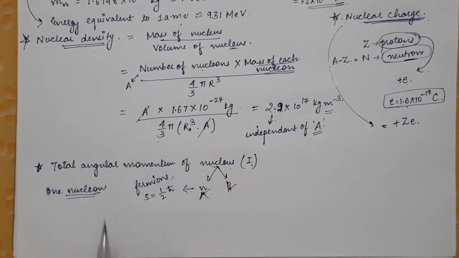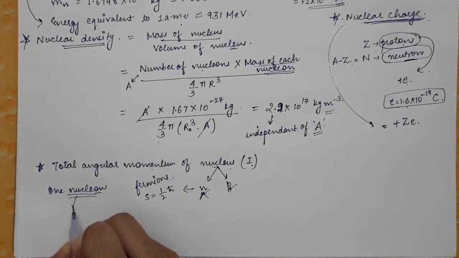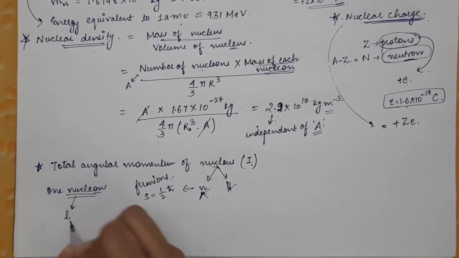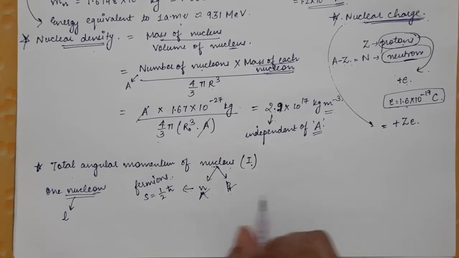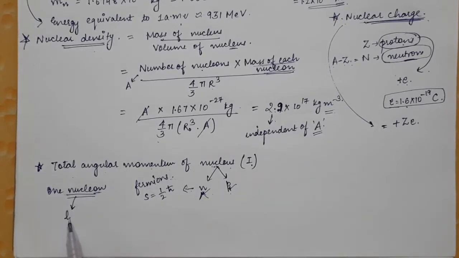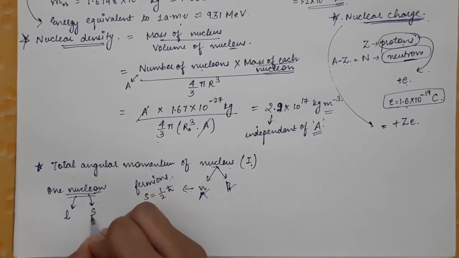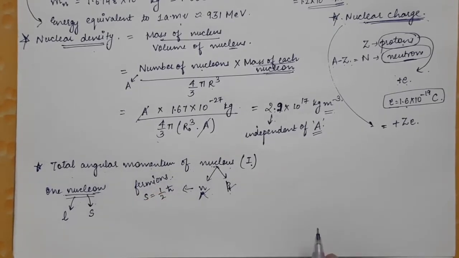For the case of a single nucleon, every nucleon will have its orbital angular momentum, given by small l. So we are talking about a single nucleon, and every nucleon will have its own orbital angular momentum, represented by small l, and these nucleons will also have spin angular momentum, represented by s, and s takes the value half h cut for the case of neutrons and protons.